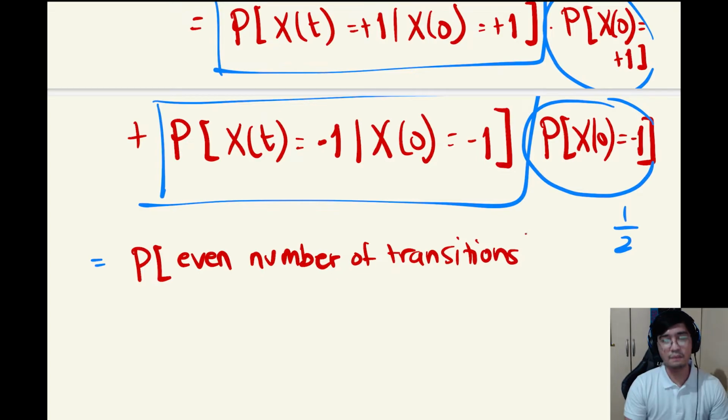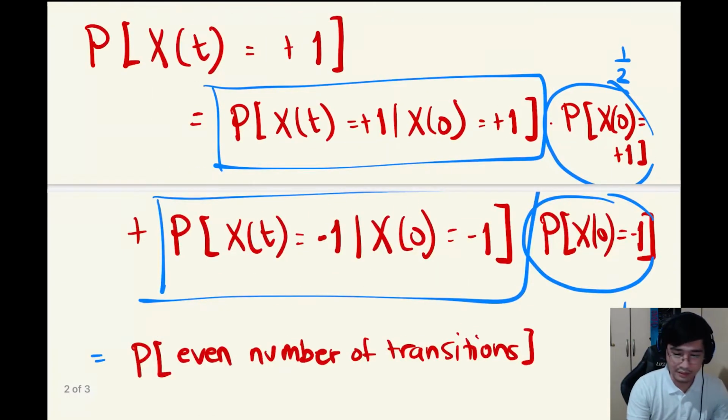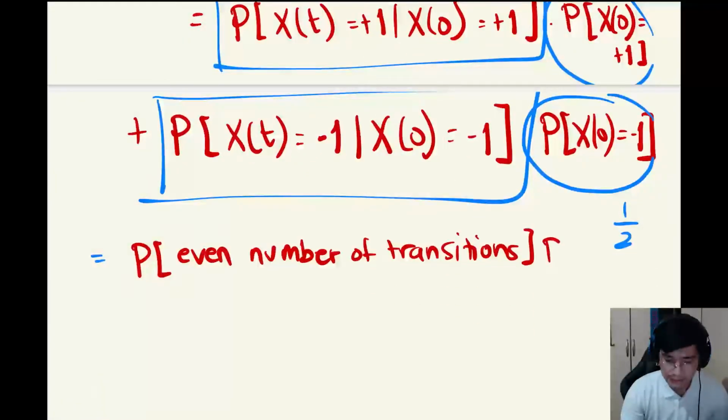So we could use the Poisson random variable here because we have a constant time interval and we are trying to obtain the probability of the number of successes during that time interval. And we must get all the possible even numbers of transitions to get this value. So we multiply that by the probability x of 0 is equal to positive 1.